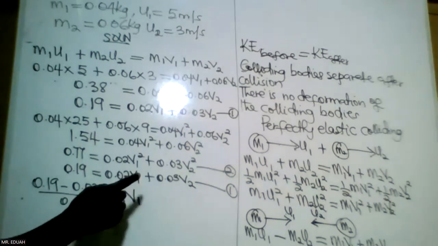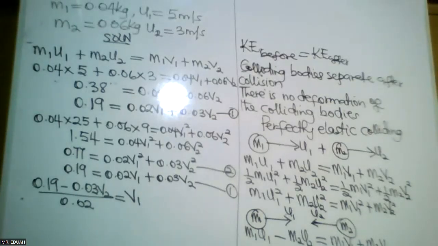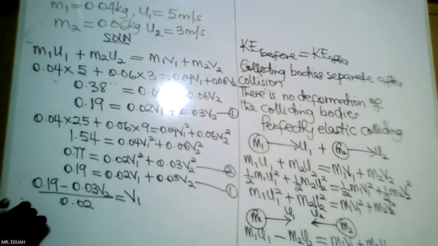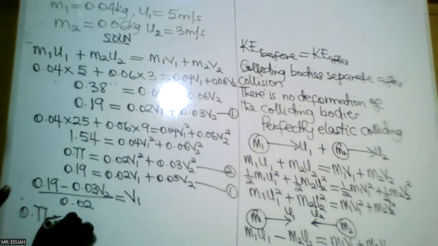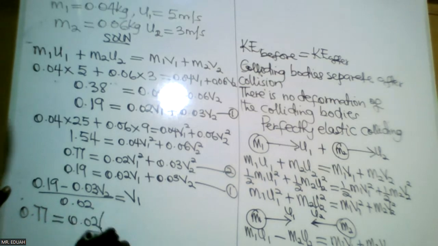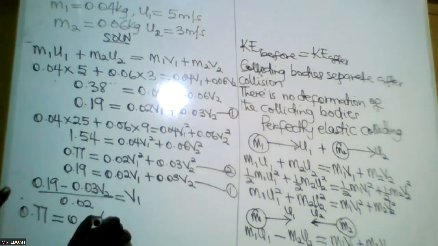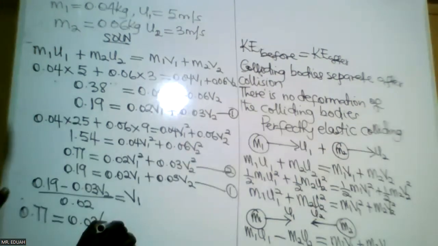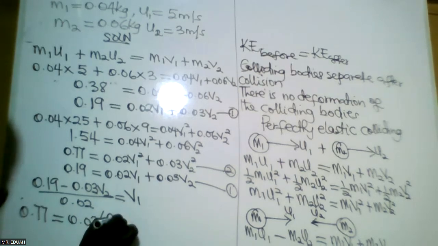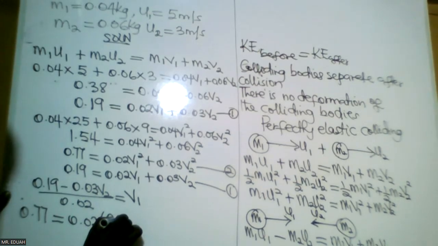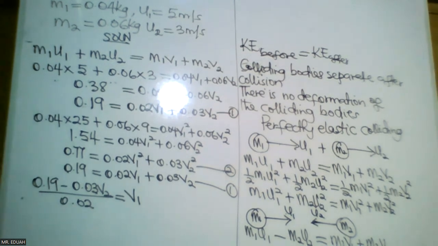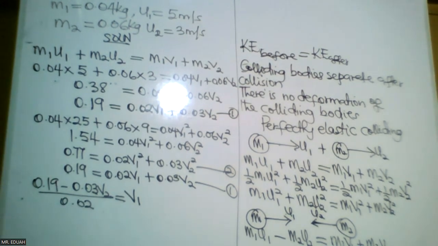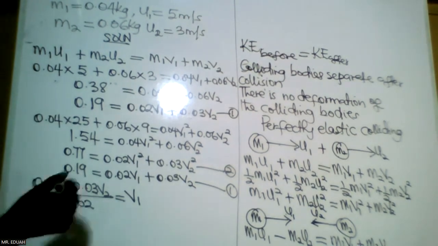So you substitute this into the quadratic equation formula. 0.77 is equal to 0.02 times, this is V. 0.19. Okay, so let me teach you to simplify something. Let's divide each of this by 0.02 so that it will reduce.